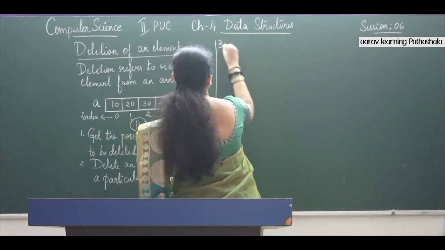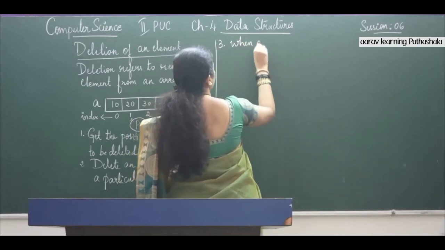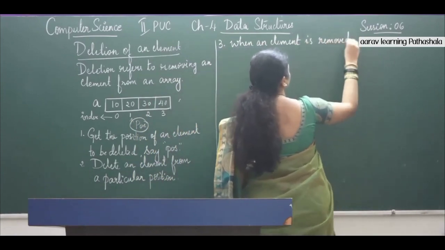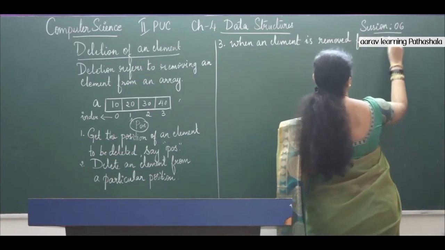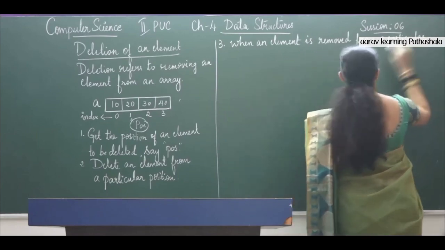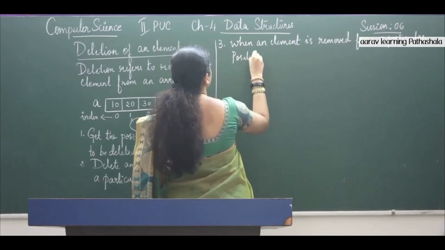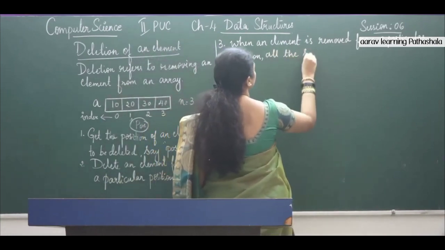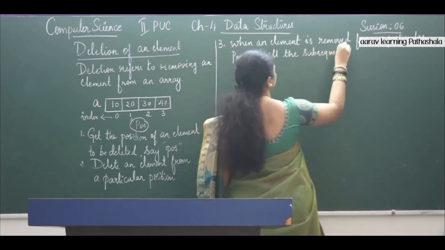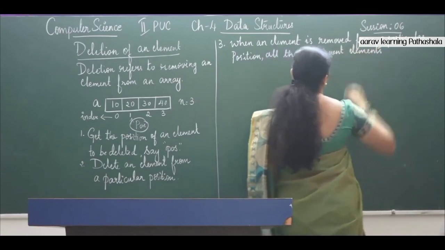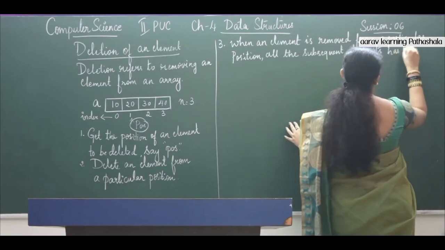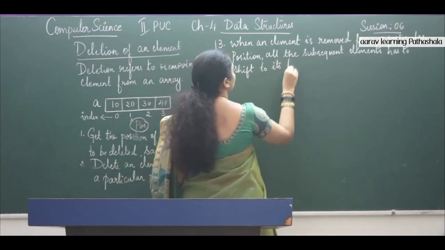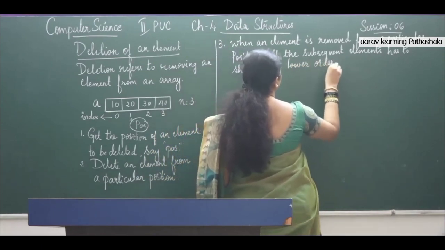The third step is when an element is removed from a particular position, all the subsequent elements have to shift to their lower order.